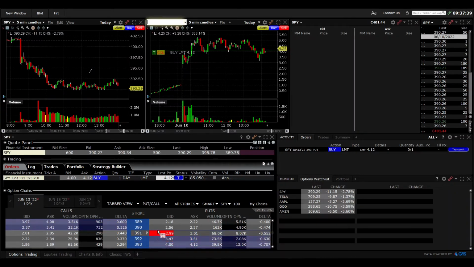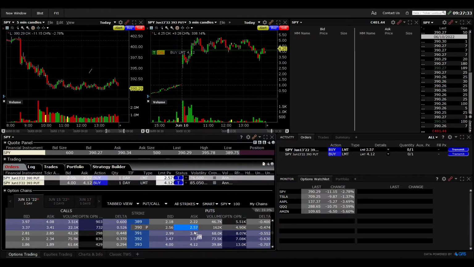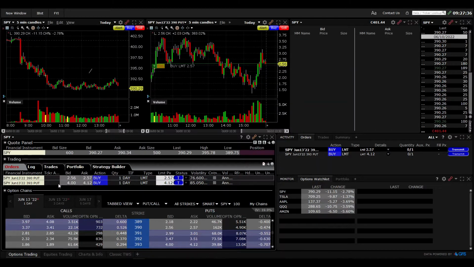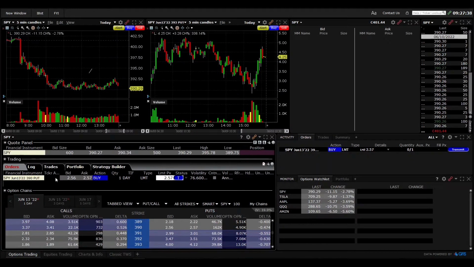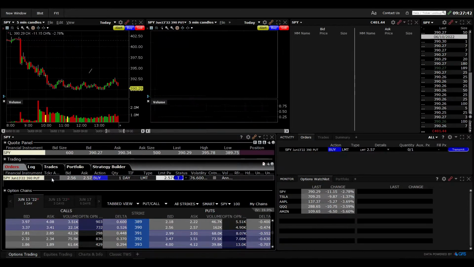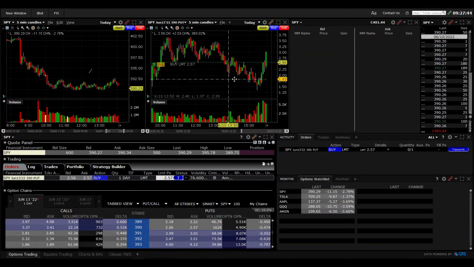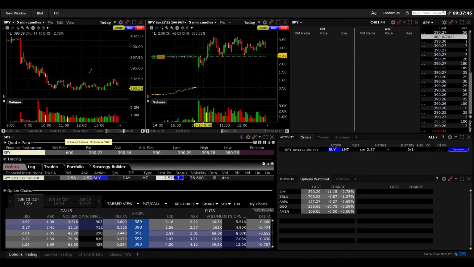Now, if we took the 390 puts instead, let's take a look at the chart. So we got the 390 puts here. So they essentially were cheaper. The premiums were cheaper, right? So they probably made a bigger move just because of the fact they were cheaper and out of the money.